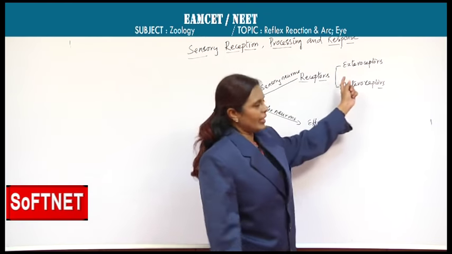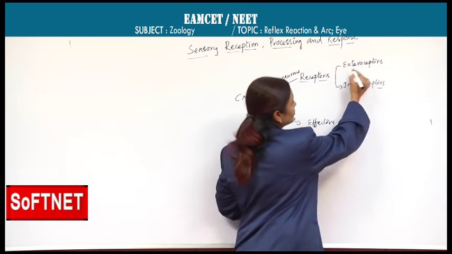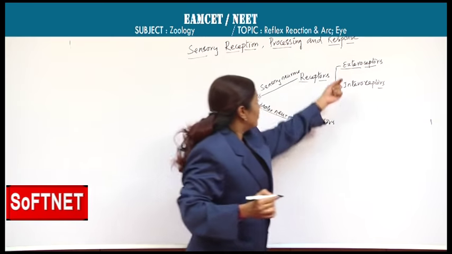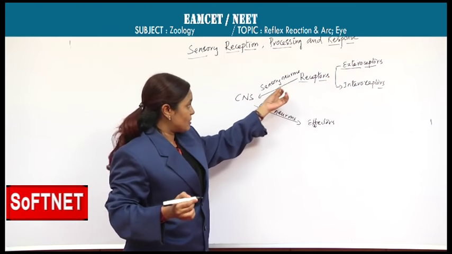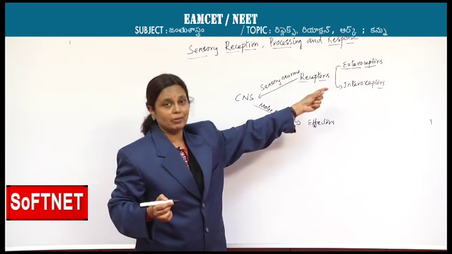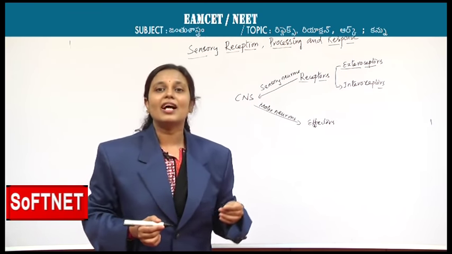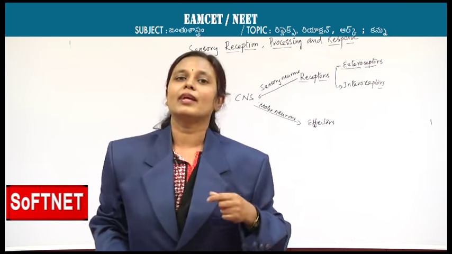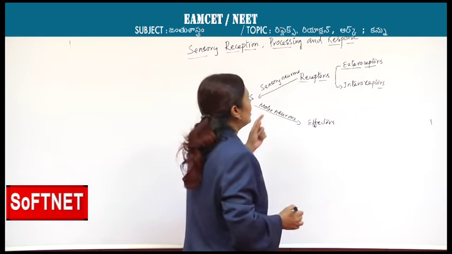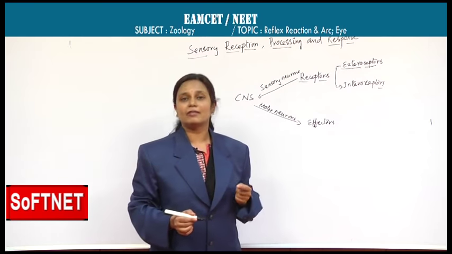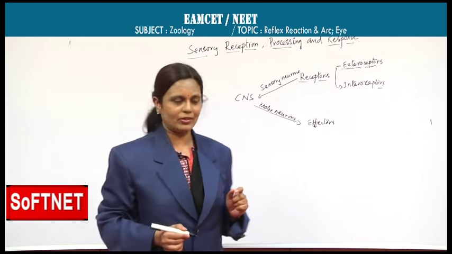Now, about exteroceptors. Generally, the sensory perception and processing of the impulses received by external receptors takes place under our conscious control, and it is in turn controlled by the somatic nervous system, which you already studied about.